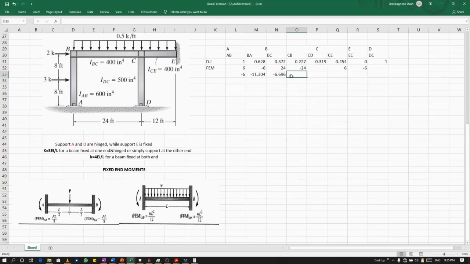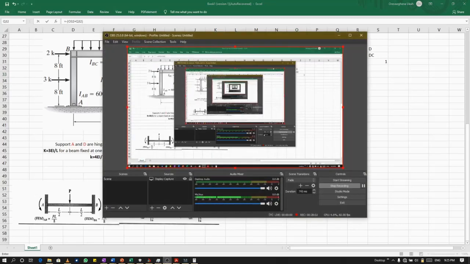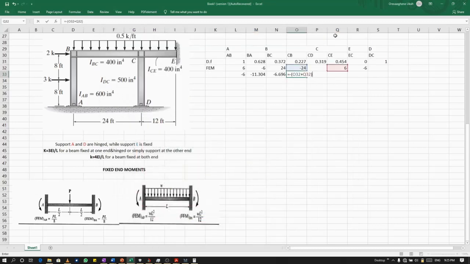So we're coming to joint C. Plus. So I'm going to times this by the distribution factor of CB.